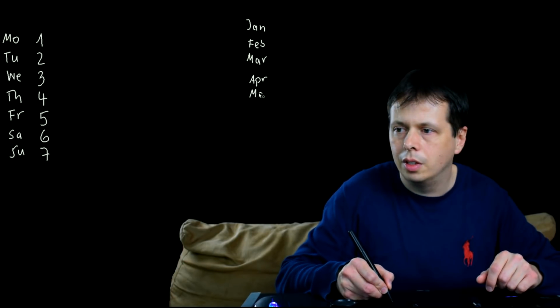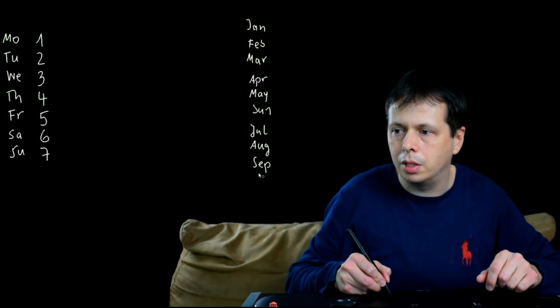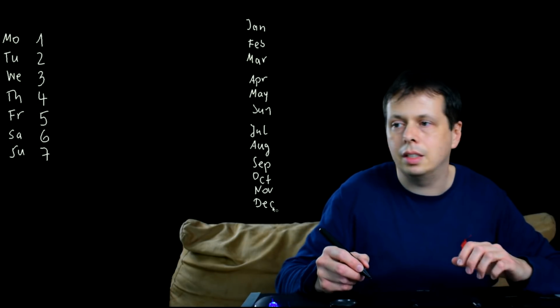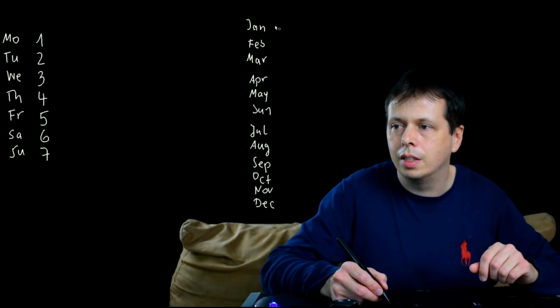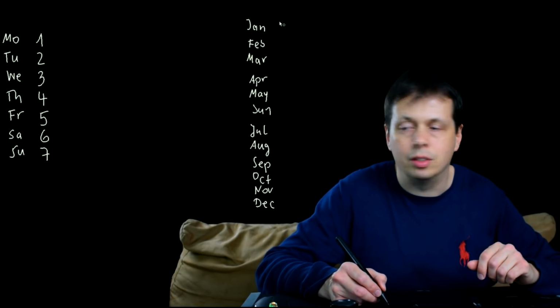So May, June, July, August, September, October, November, December. And every month gets another digit.